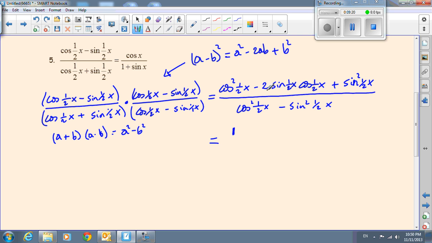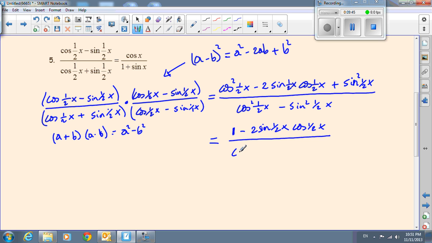And I still have the minus 2 sine of 1/2 x cosine 1/2 x over, I'm looking at my answer, I need 1 plus sine squared. So what I'm going to do here, I will transform one of them into the other. What I'm going to do is transform all into cosine.